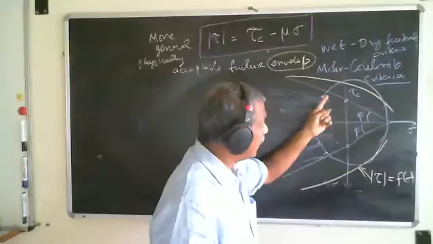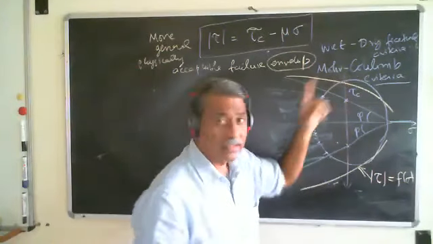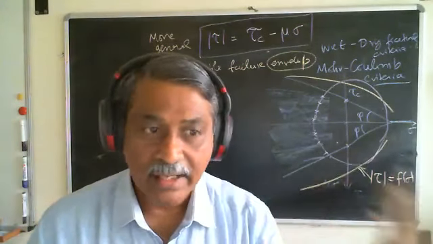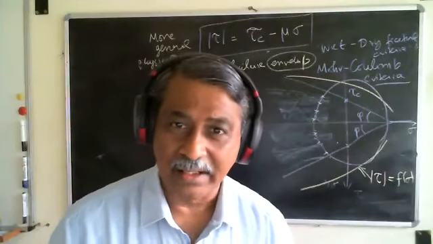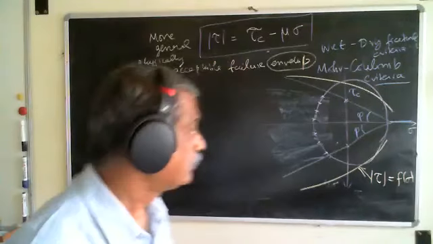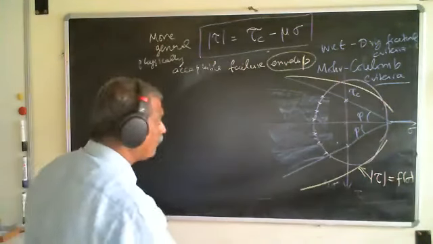So anytime the circle crosses the envelope, it means that stress state is a failed stress state, one which is not safe.